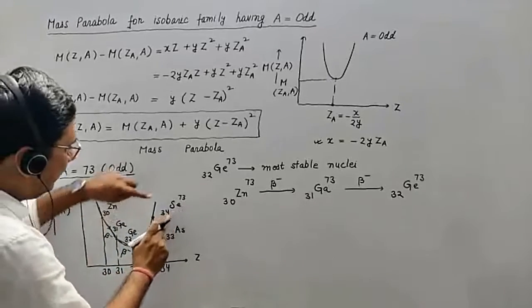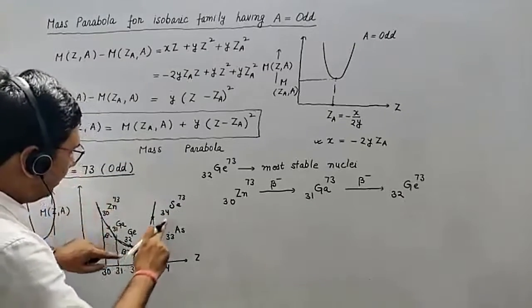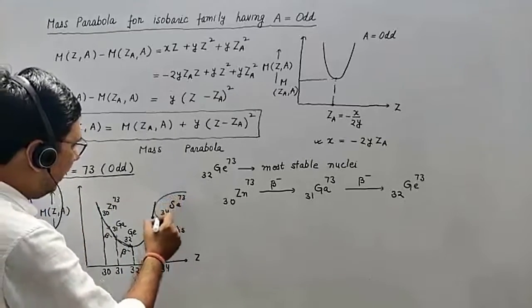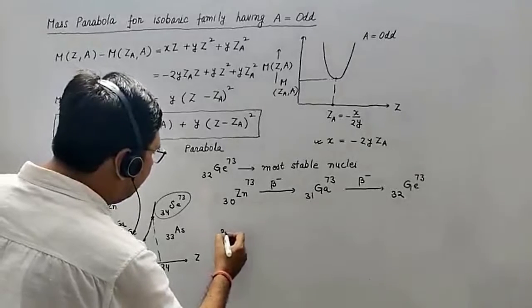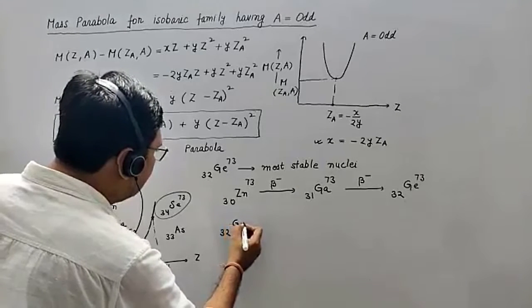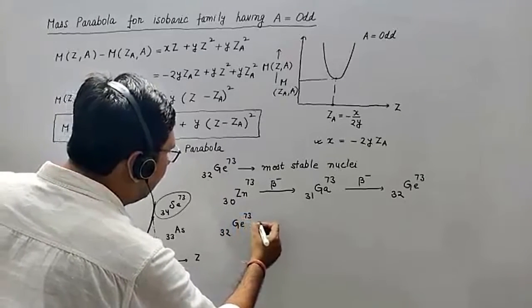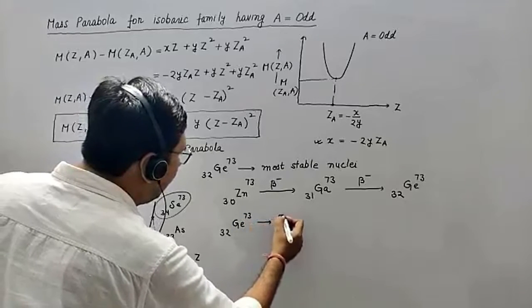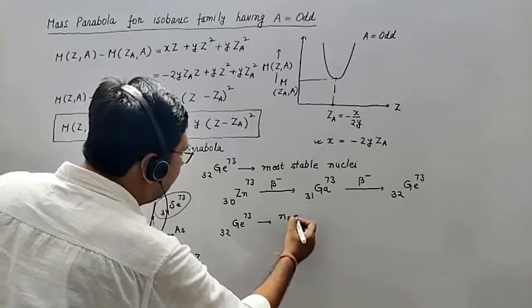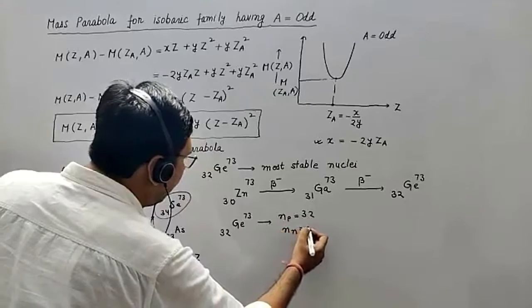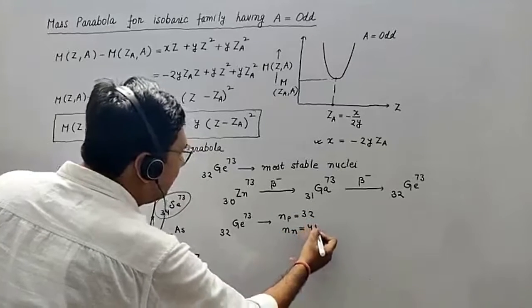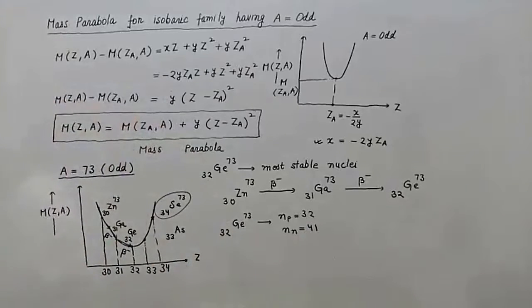Now come to this case. Consider this 34Se73 and this 32Ge73. For 32Ge73, the number of protons is 32 and the number of neutrons is 41. This is the number of protons and neutrons in the most stable nuclei.